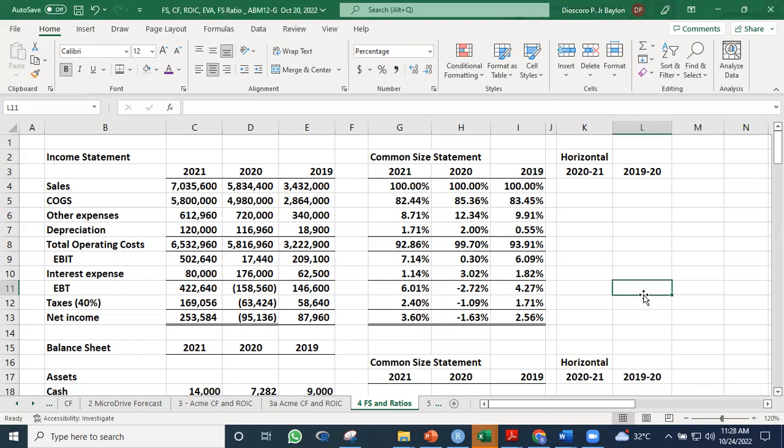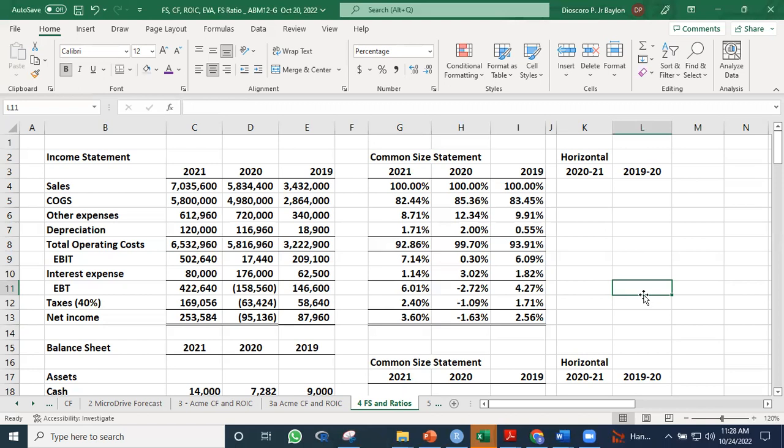So everything is expressed in terms of pesos, no? Of your sales. So let me repeat that. For every 100 peso na sales in 2021, 82 pesos doon yung napupunta sa cost. Ano yung cost doon? Cost ng inventory. Okay? Tapos may 8 pesos pa na pupunta sa other expenses.